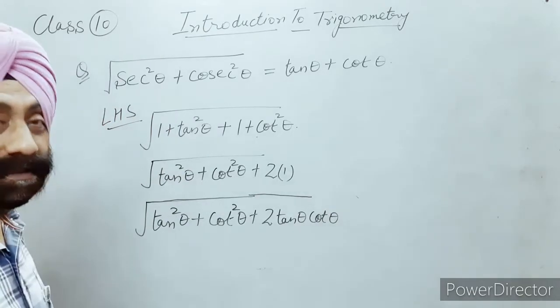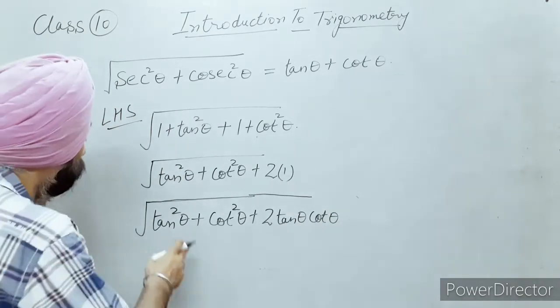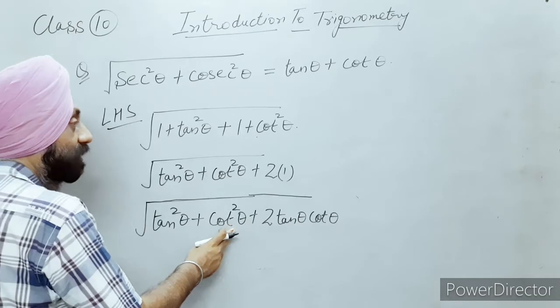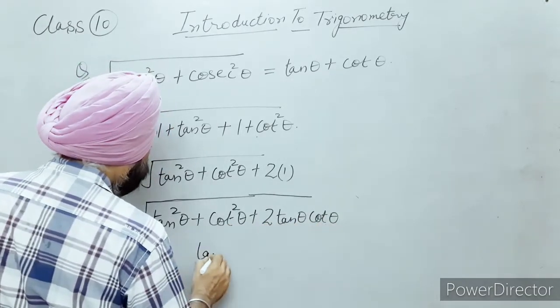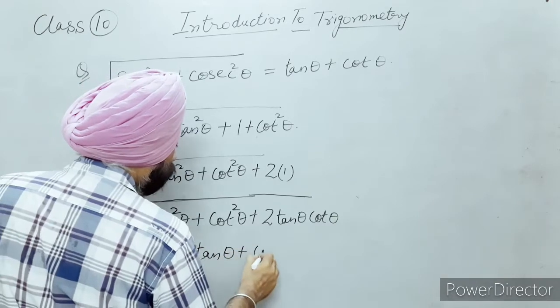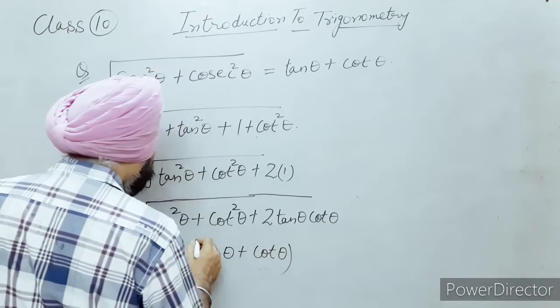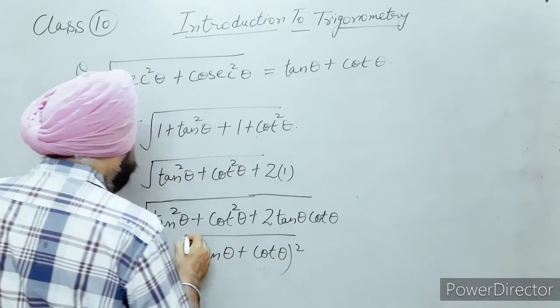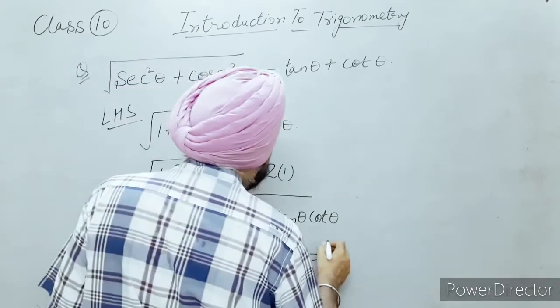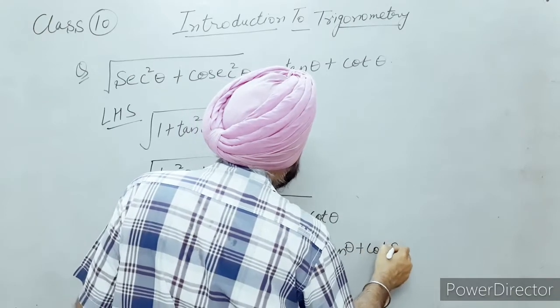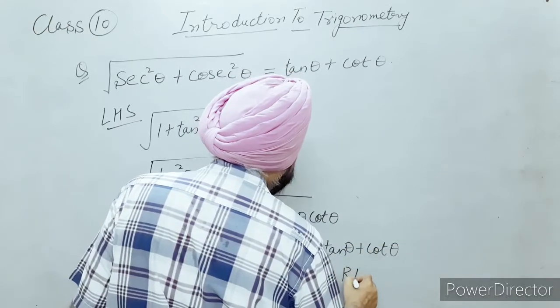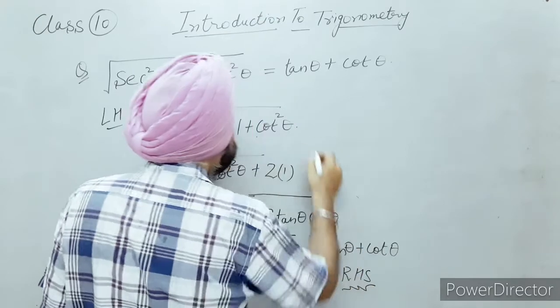Now it becomes a perfect square, a square plus b square plus 2ab. It's tan theta plus cot theta, whole square under the root. The answer is tan theta plus cot theta, which is equal to the right hand side.